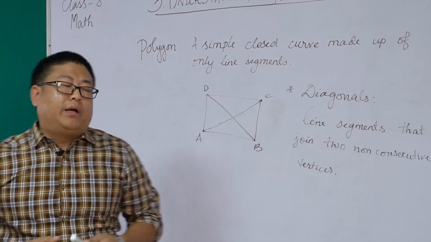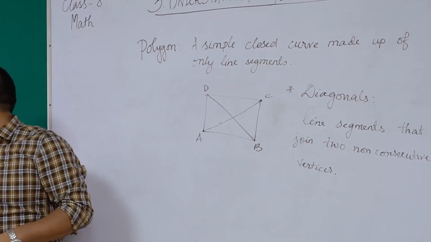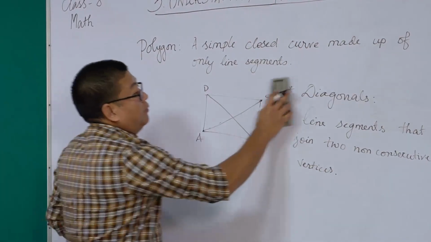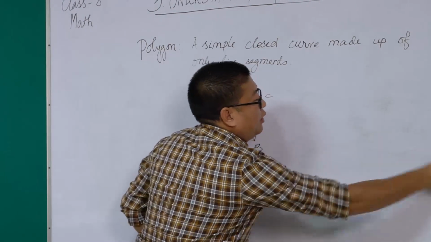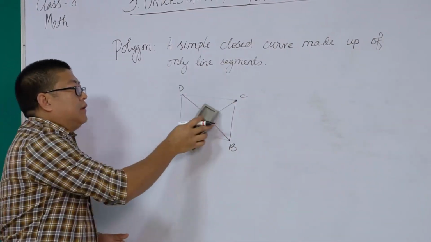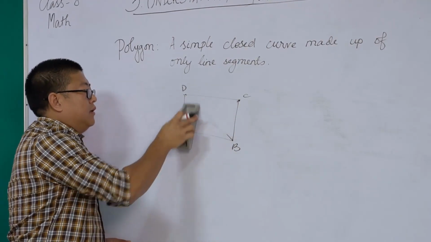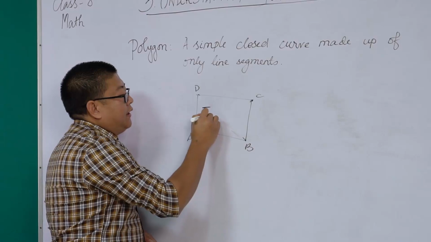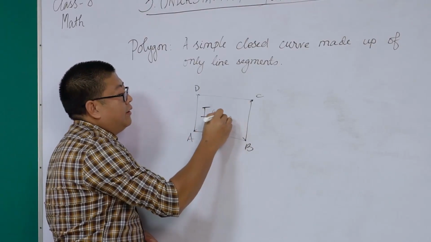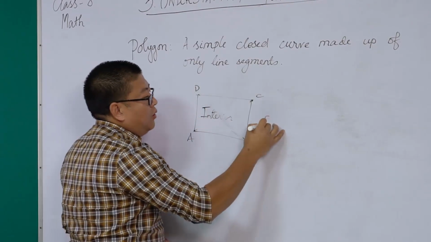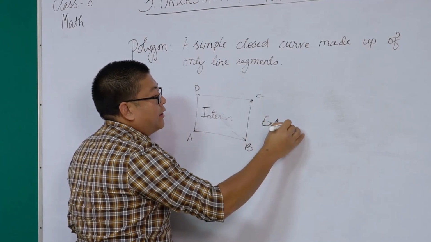The next thing that we have to know about polygons is that the polygon has 2 parts. One is the interior, the other is called exterior.